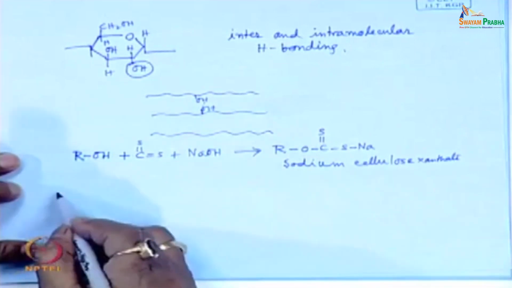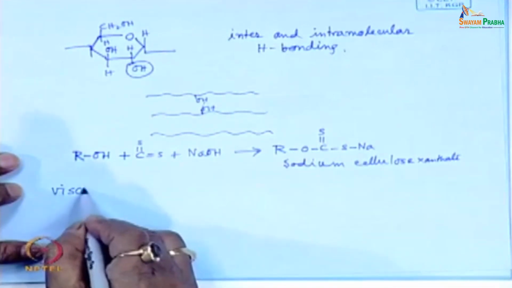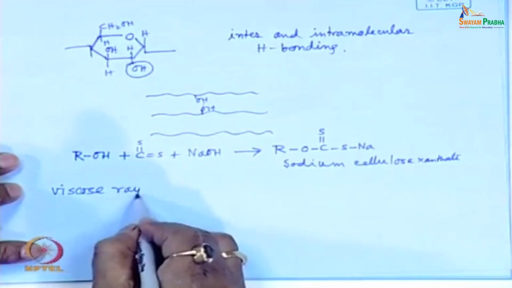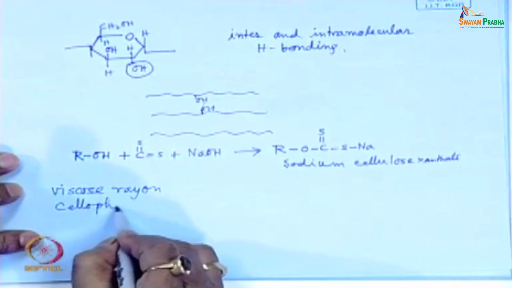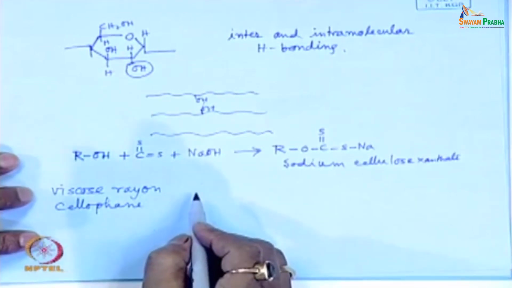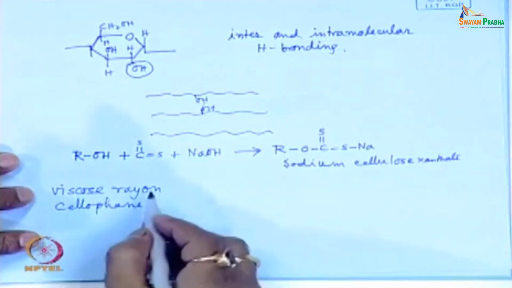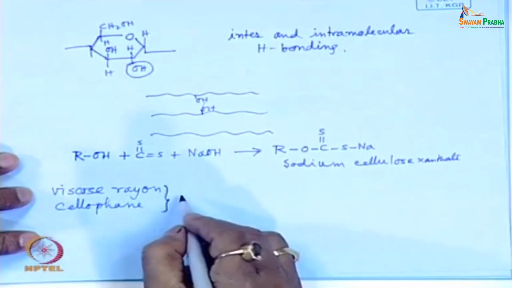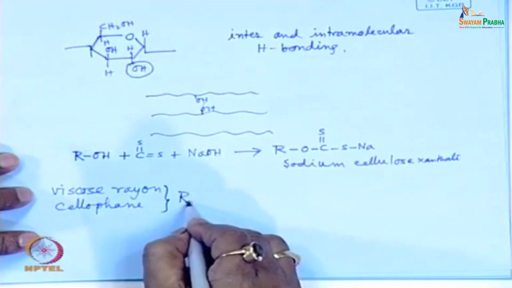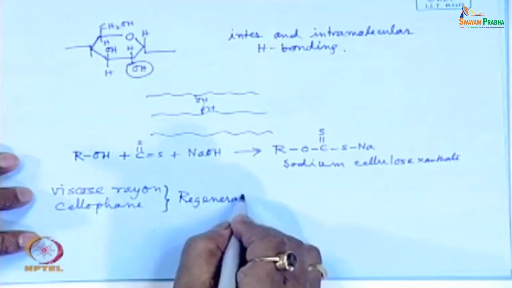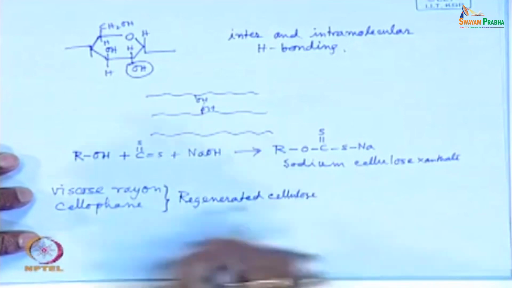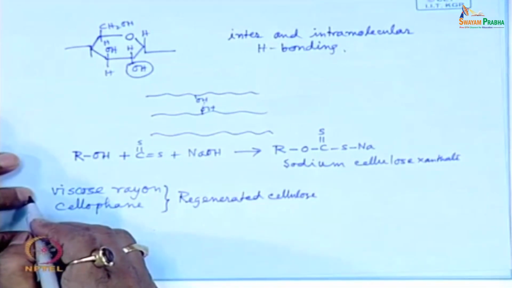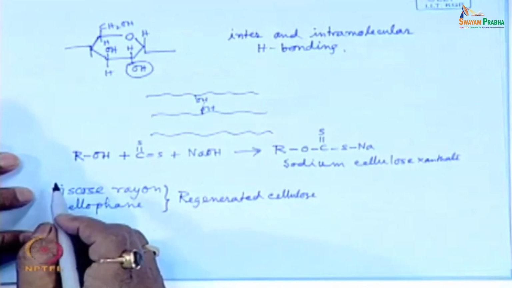Now, you have read about viscose rayon, cellophane, etc. These are nothing but regenerated cellulose. How is this regeneration done? What is the viscose process?